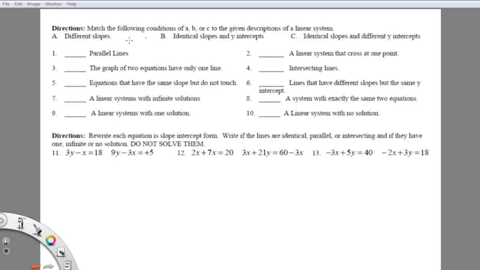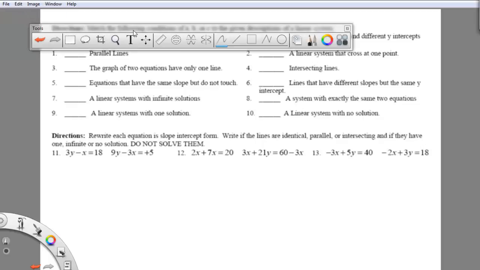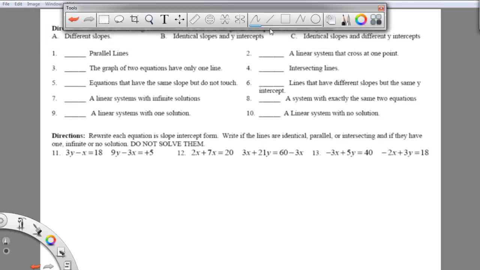So let's go ahead and start with this first section. It says match the following conditions A, B, or C to the given description of the linear system. Part A is where we have different slopes, and to do a brief review, go ahead and do this on your paper or a piece of scratch paper, this should help you out quite a bit as you do this part of the quiz.